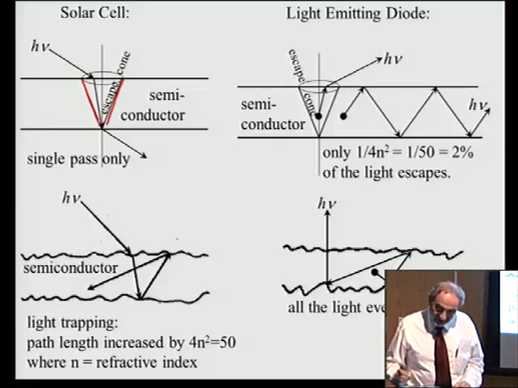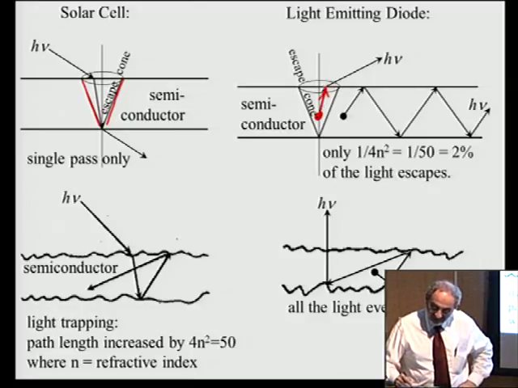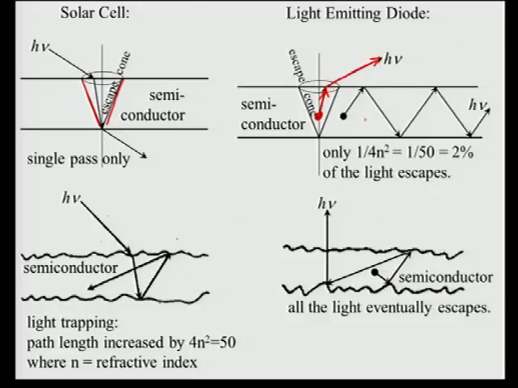That same problem occurs in light-emitting diodes. Let's say it wants to emit light, and in the escape cone it emits and it escapes. However, there's only 2% of the light that is able to escape. 98% of the light is trapped, is beyond that 15-degree angle, and so is trapped and reflects and reflects and reflects and never gets out.